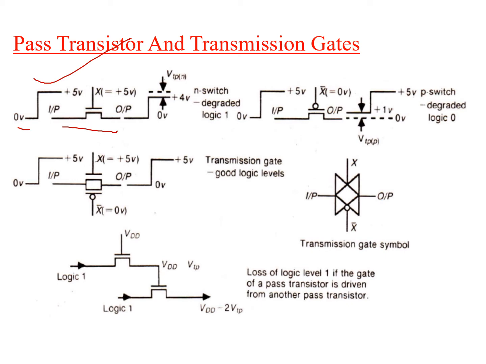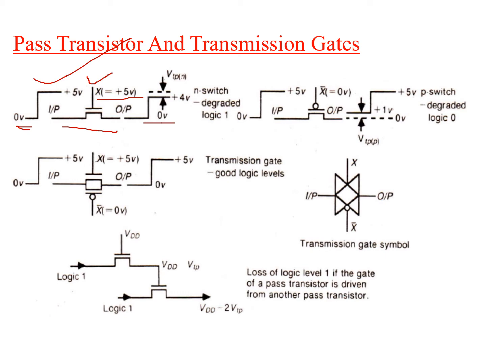Now it is going to depend on what your voltage is at the gate terminal. So now assume that at the gate terminal you have the voltage 5. That means when you apply voltage 5, the gate is going to make your NMOS device on. Now when the device is on, what is the input here? 0. So this 0 voltage will occur at the output side.